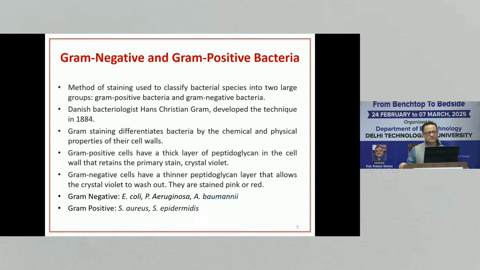Some examples of gram-negative bacteria: E. coli, Pseudomonas, Acinetobacter baumannii; gram-positive: Staph aureus, Staph epidermidis. I'm talking more in terms of medical device infections. There are a lot more bacteria, but I was just trying to focus on those.